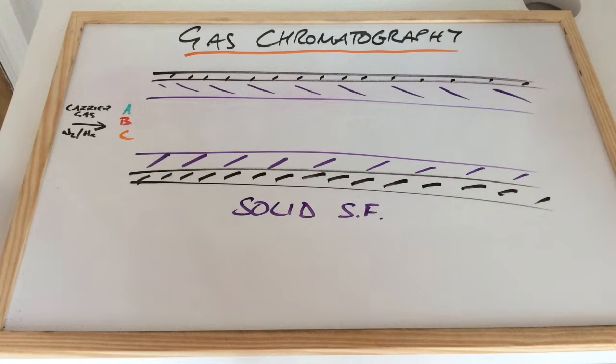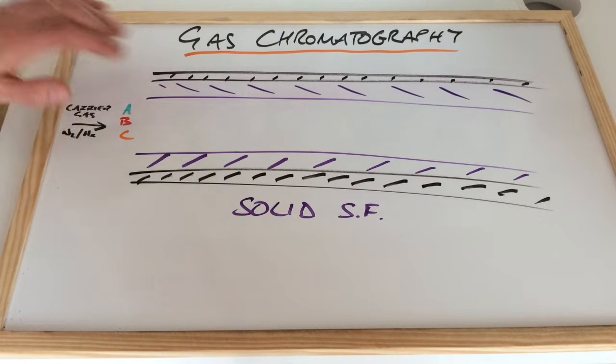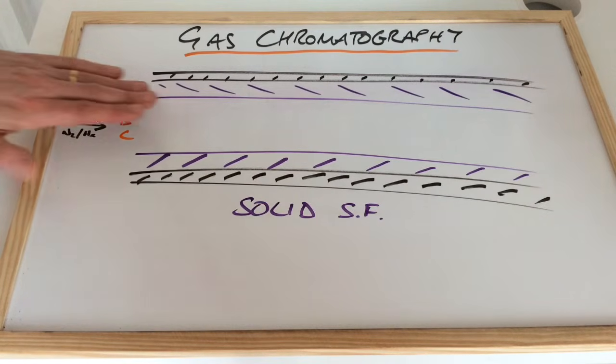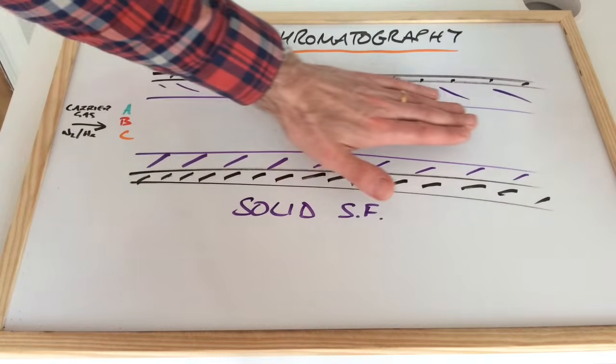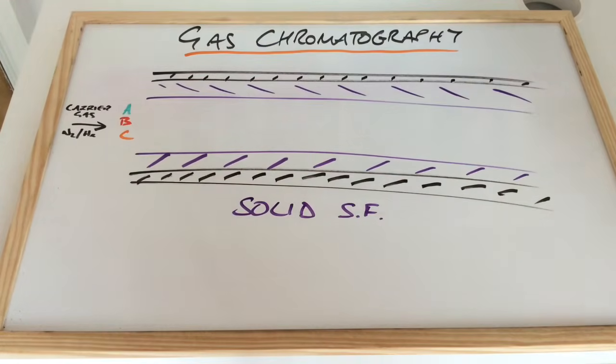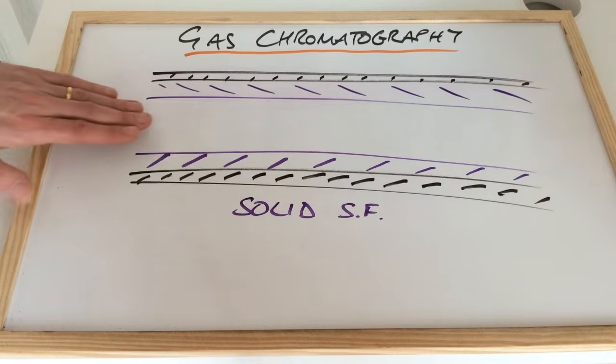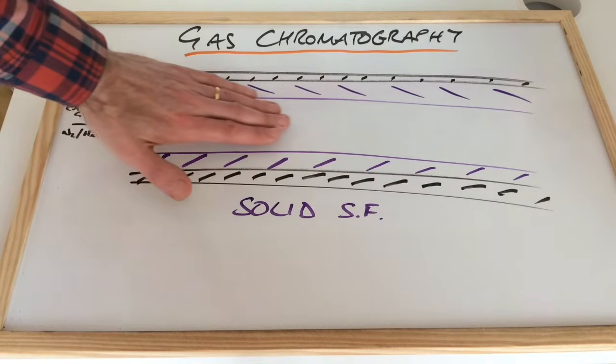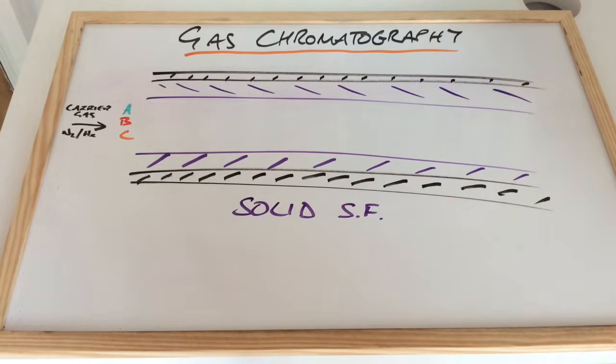The carrier gas, that's the mobile phase, is going to carry these substances through this capillary column, 30 meters. And I didn't mention before, the carrier gas would be something like nitrogen or helium, so an inert gas. It's not going to interact with anything, and the substances as they travel through will start to separate.